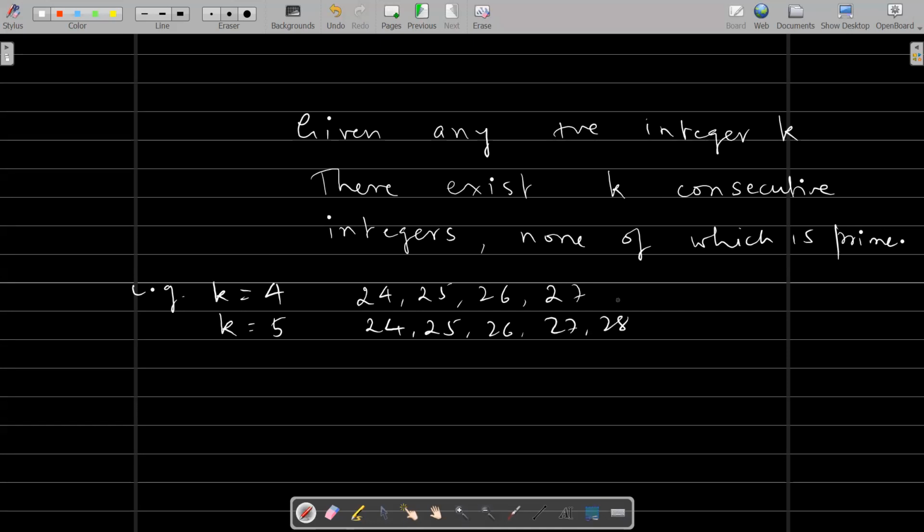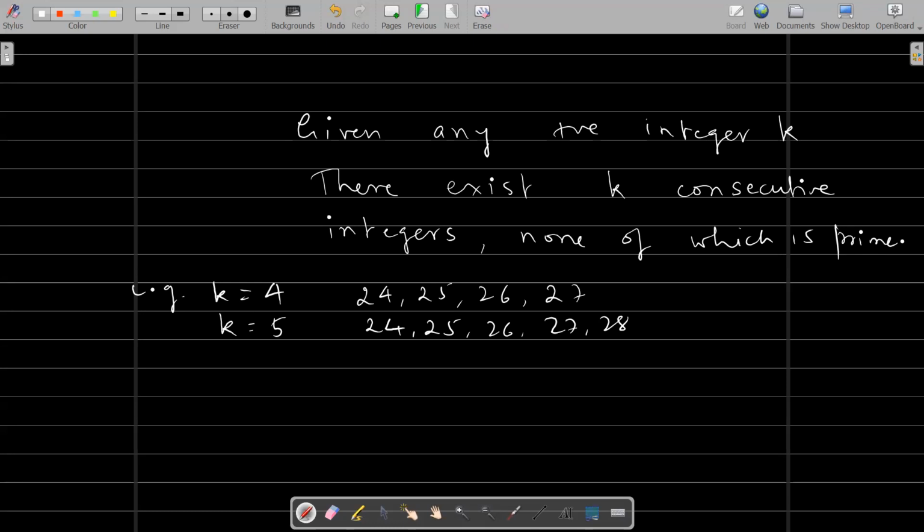So I get 5 consecutive numbers, none of which is prime. They are all composite, right? So gaps between primes can be as large as possible. Though at some points the gap reduces to 2. Is the statement clear?